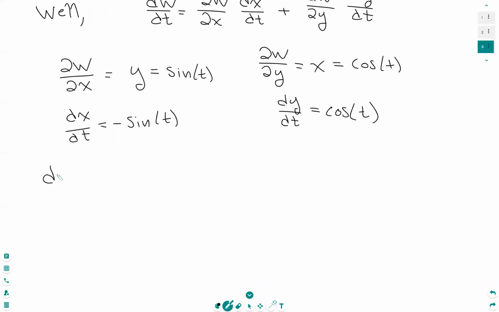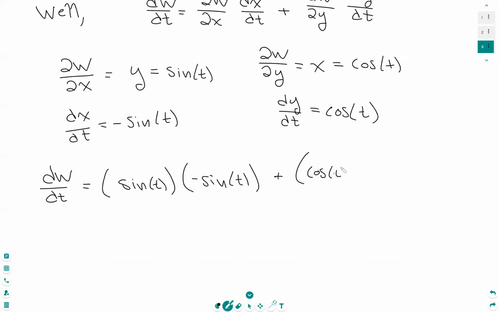So now we can plug those all in. dw/dt is equal to sine of t times negative sine of t plus cosine of t times cosine of t, which is cosine squared of t minus sine squared of t.